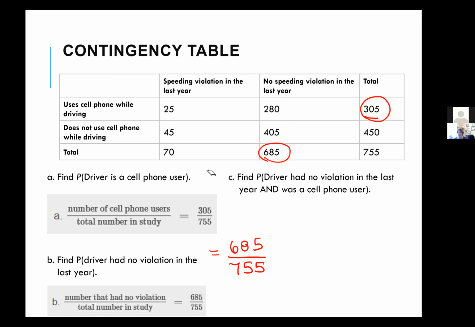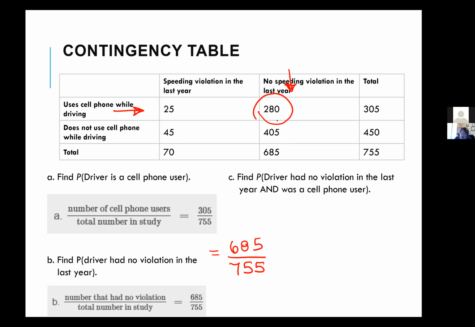What's the probability that a driver had no violation in the last year and was a cell phone user? So let's look at our contingency table. Where do no violation and cell phone user intersect? This is the no violation column. This is the cell phone column. So it intersects at 280. So 280 people had no violation, but they were a cell phone user.